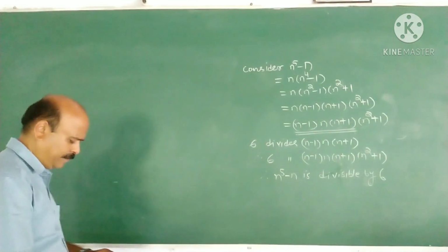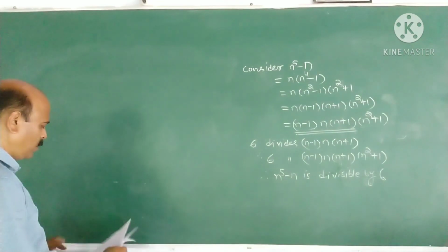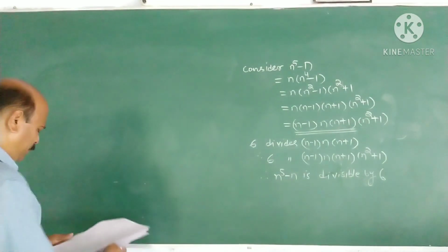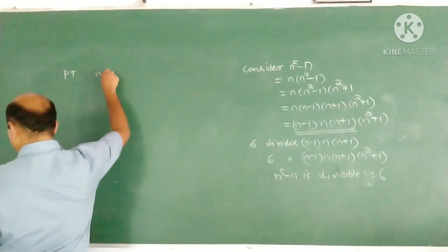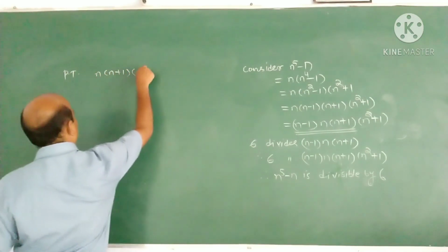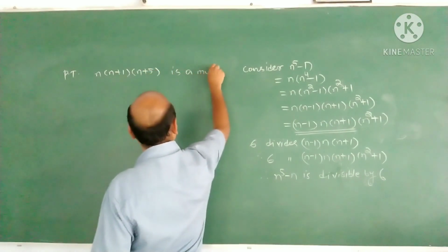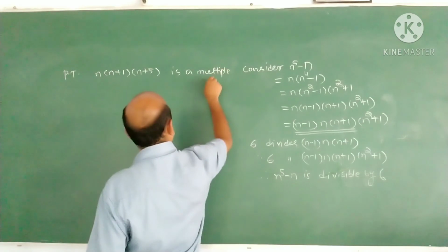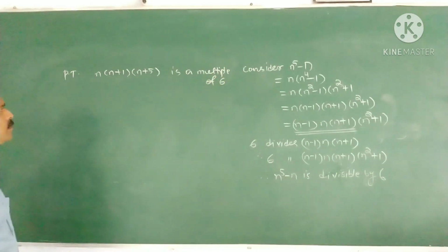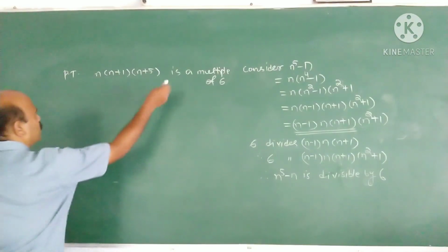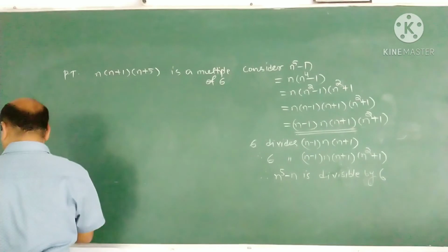Next problem is, prove that n into n plus 1 into n plus 5 is a multiple of 6. Now, is it possible to write this as a product of 3 consecutive integers?